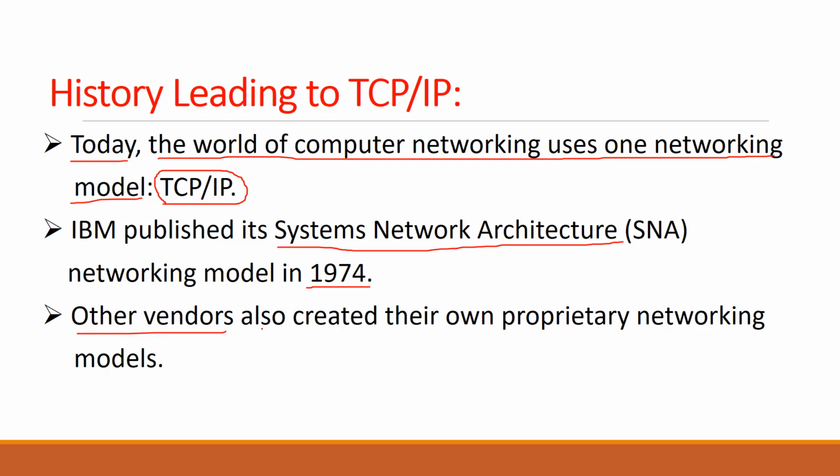Other vendors also created their own proprietary networking models. So we had multiple networking models, each from a different vendor. The first one was, I think, Systems Network Architecture, published by IBM, and then other vendors created their own networking models, and each one gave it a name. There was something like a battle, because eventually only one should be used, so all connected hosts will be able to communicate with each other through standards and protocols.